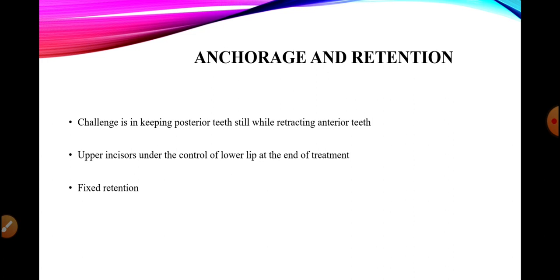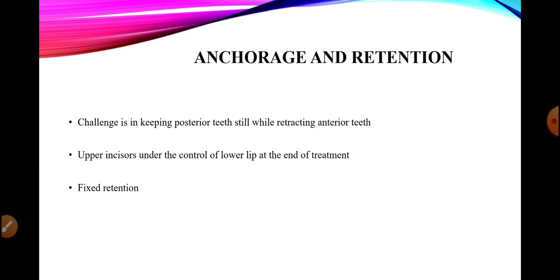So till now we have discussed the various treatment modalities and treatment options that can be used for class 2 malocclusions. The correction of class 2 division 1 malocclusion, which I have said can be corrected by growth modification or jaw orthopedics, or by orthodontic camouflage, or an orthognathic surgical protocol.